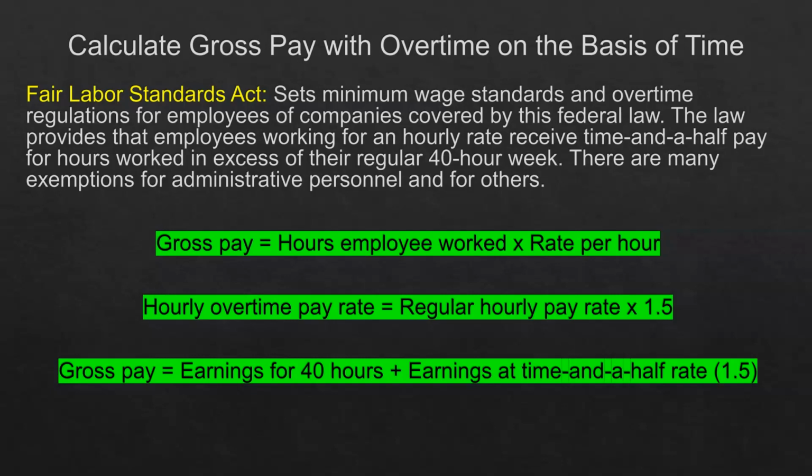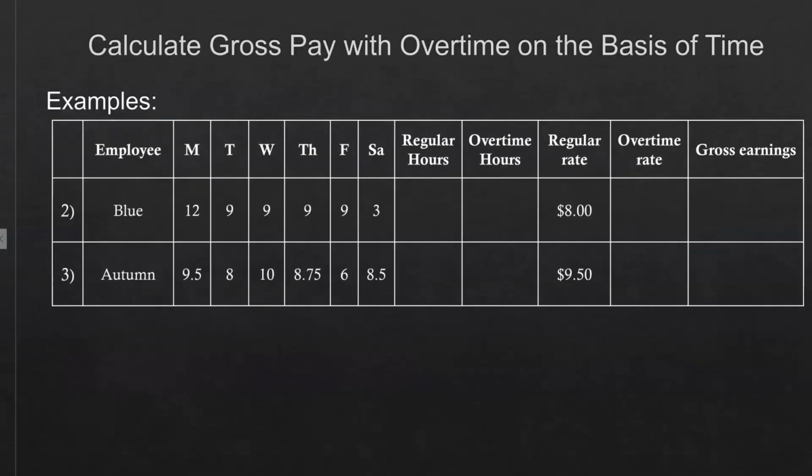The overtime pay rate, we would take the regular hourly pay rate times 1.5. And then gross earnings are going to be the total for the first 40 hours at the normal pay, plus the overtime hours at a rate of 1.5 times the normal pay. It's not too hard to figure, but you just have to be careful calculating everything and coming up with the number of hours, and make sure that you got that written out correctly.